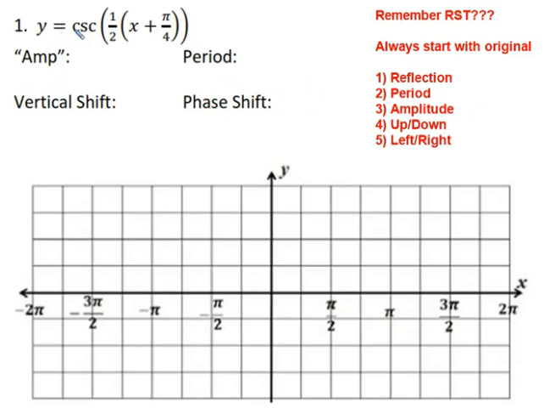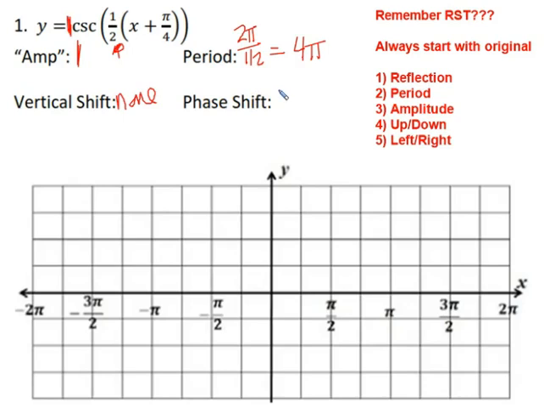If we take a look at cosecant, it looks like our amplitude out front is 1. The period of cosecant, remember, originally has a period of 2 pi, but we have to divide it by a half in this case to find our new period, which would end up being 4 pi. We do not have a vertical shift because we're not adding or subtracting anything on the end, so we can say none.